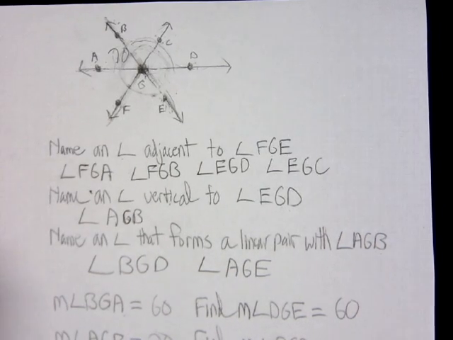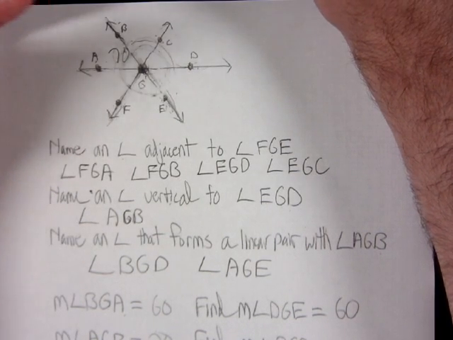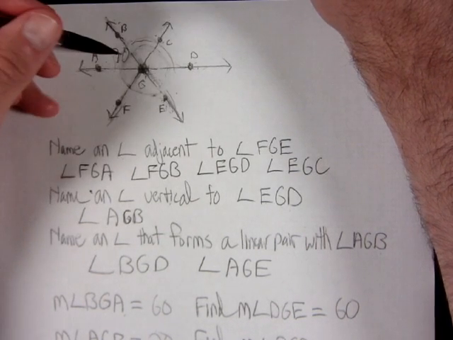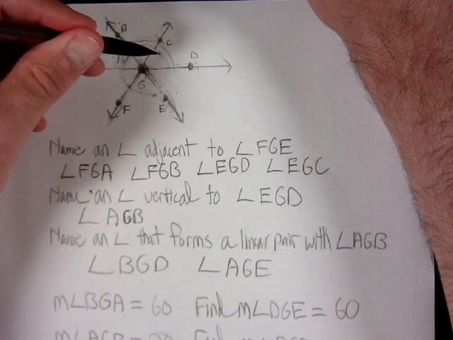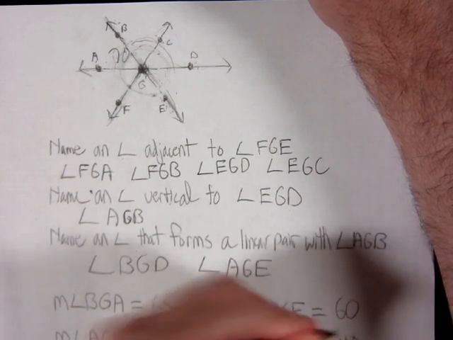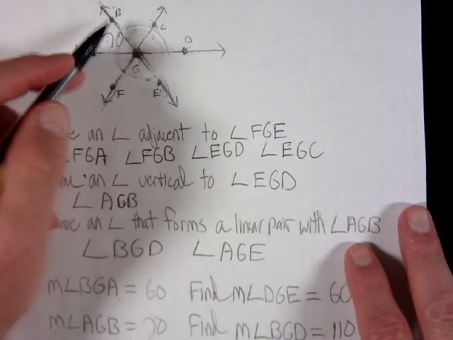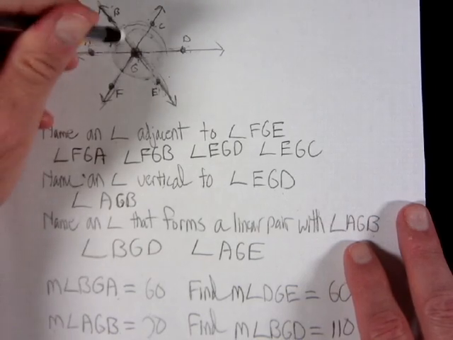Together they make half a circle. So if they form a linear pair, they should add up to 180. So 70 plus what adds up to 180? The answer to that is 110. 110 plus 70 will add up to 180. So we know from here over to here is 110 degrees.